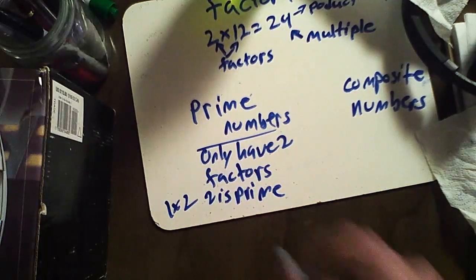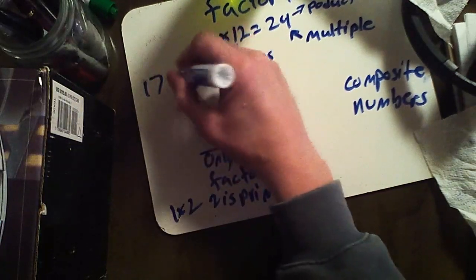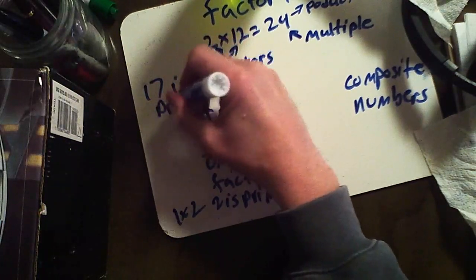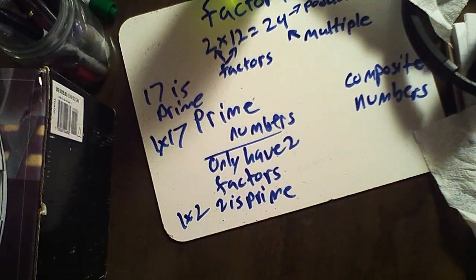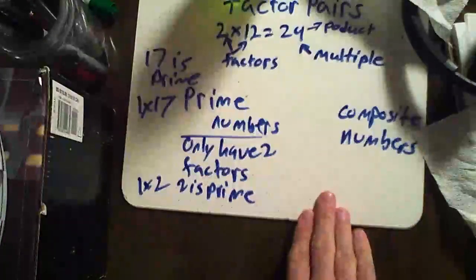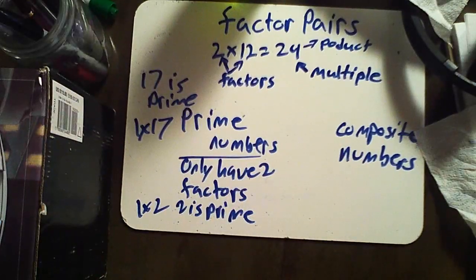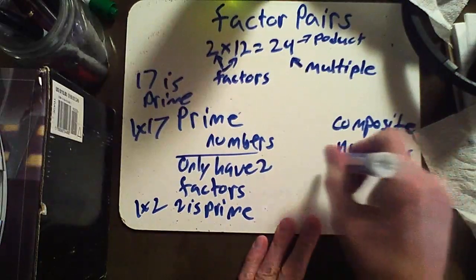That's it. 17 is prime because its only factors are 1 and 17. It doesn't have any other factors. And if you're thinking, oh, it's only small numbers that are prime, that's not true. You can get some really big numbers. Like, off the top of my head, I know that 61 is prime. It doesn't have any other factors besides 1 and 61. So those are prime numbers, numbers that have only two factors.